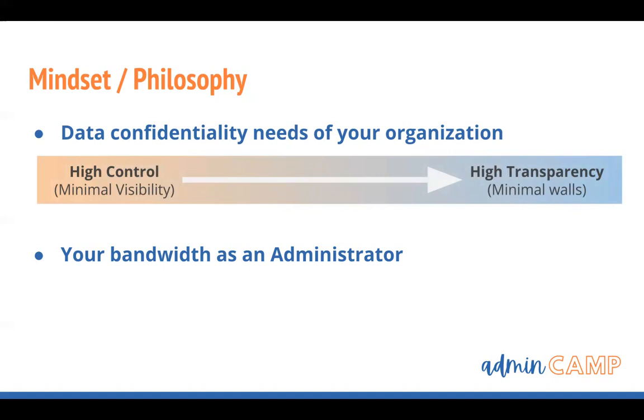Does your org manage a lot of sensitive client data, which needs to be really tightly controlled? Or at your org, instead, are there looser restrictions where there's actual value in most staff having access to most client data? It's a big spectrum between high control with minimal visibility or high transparency with minimal walls.